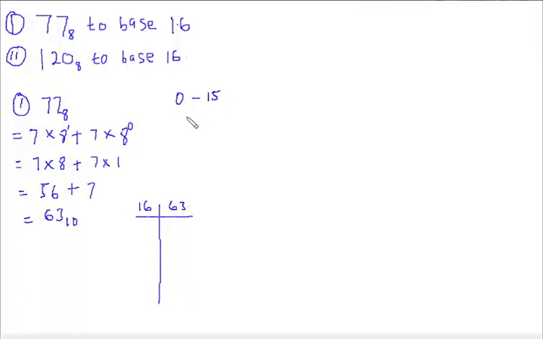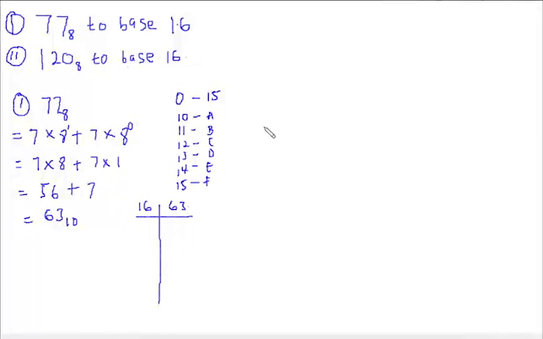But when we get numbers from 10 to 15, in order not to confuse them, they are represented in forms of alphabet. So 10 represents A, 11 represents B, 12 represents C, 13 represents D, 14 represents E, 15 represents F.